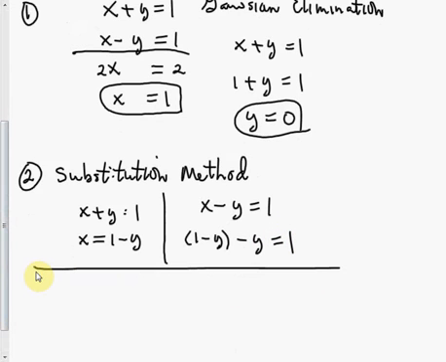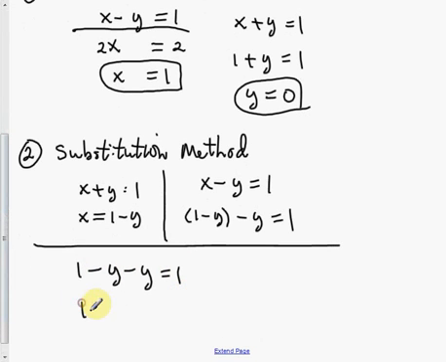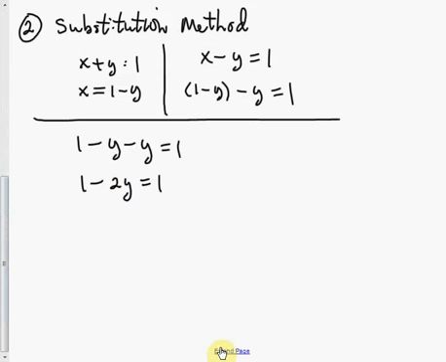So this is 1 minus 2y is equal to 1. Subtract 1 on both sides, I get negative 2y is equal to 0. Divide both sides by negative 2, I get y is equal to 0 divided by negative 2. That's just 0, right?